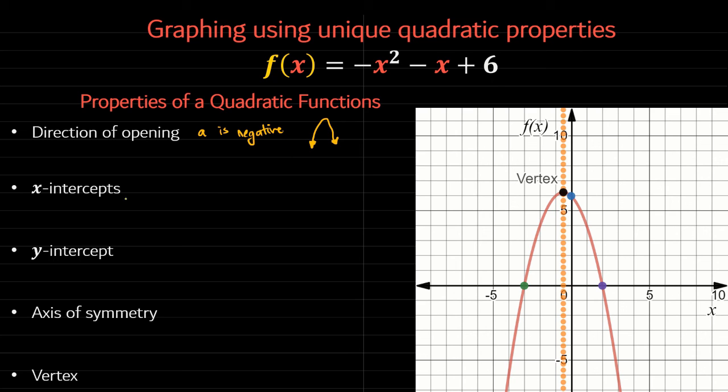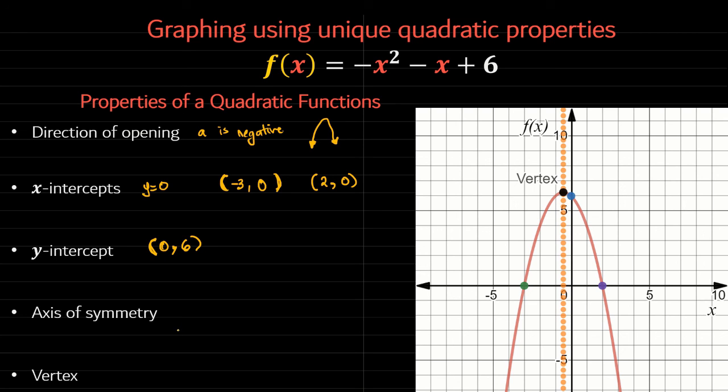We solved for the x-intercept by making y equal 0, and we got the 2 points: when x is -3, y was 0, and when x was 2, y was 0. For the y-intercept, we made x 0, and I think this is the simplest one. It was 6, so x is 0, y is 6.